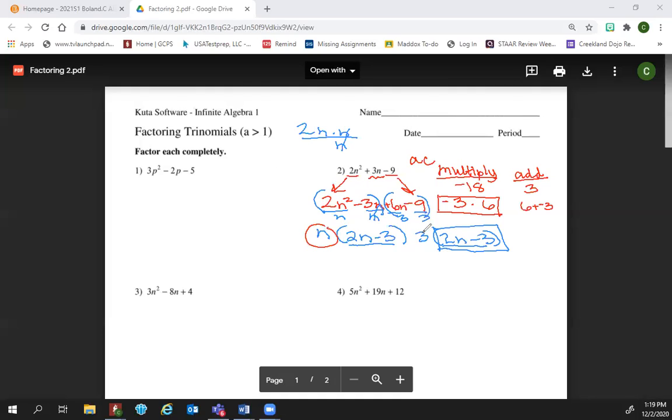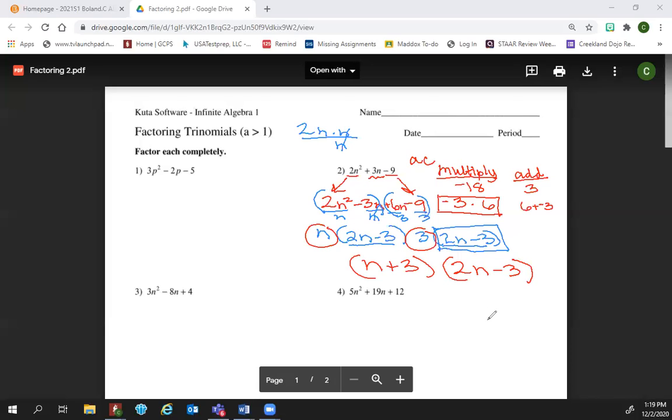My outside numbers. So someone tell me what my 2 factors are. N plus 3, and what else? 2n minus 3, okay?